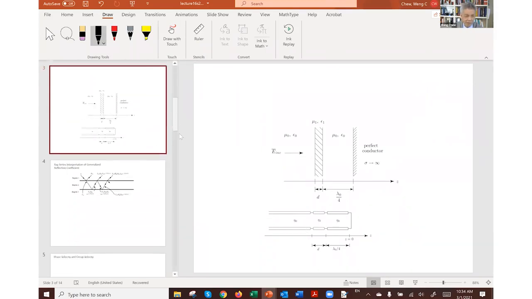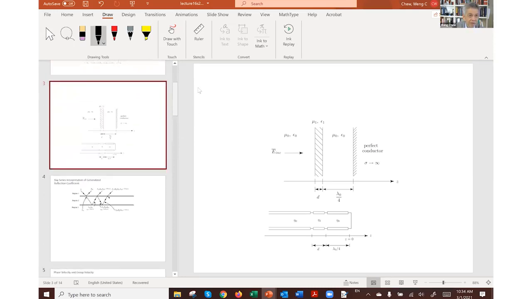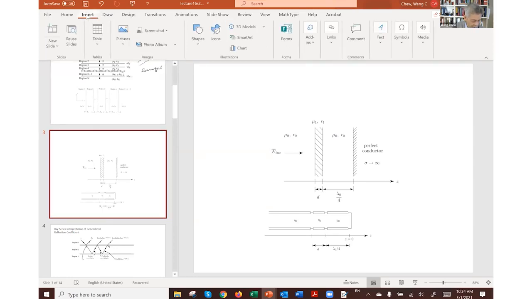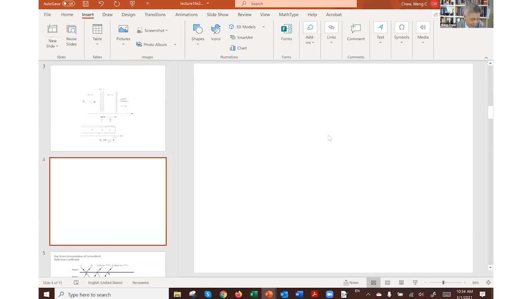And I would like to show you how. So before we do that, let's use a blank slide to illustrate this.